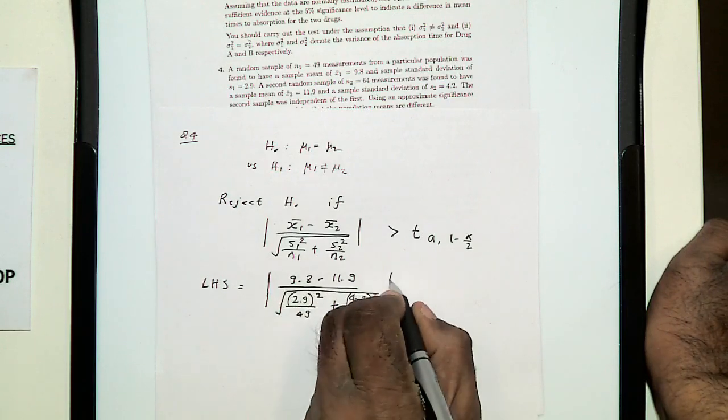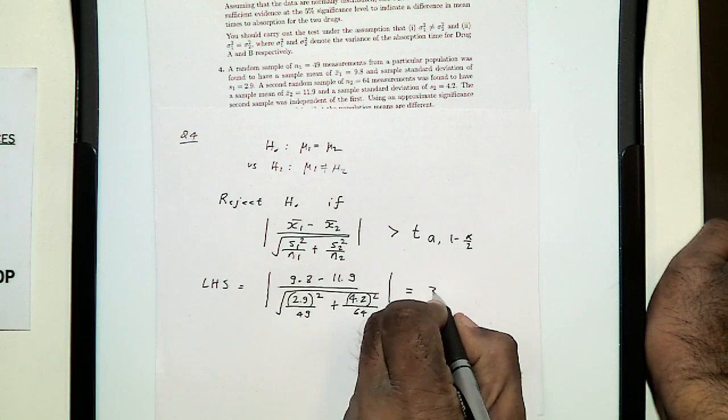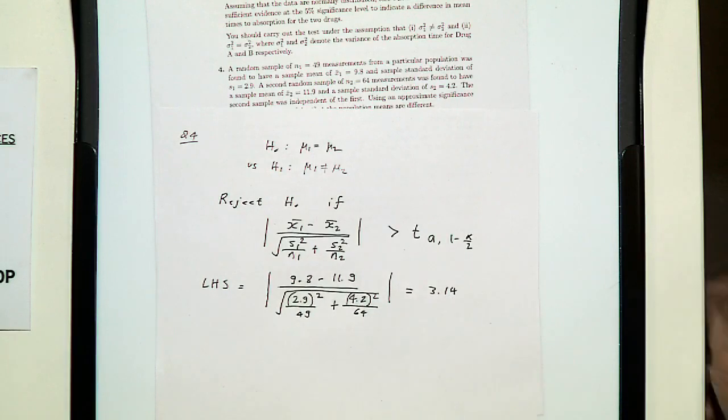Now if you work this out, this will be equal to 3.14. Correct me if I'm wrong, right? So that's the left hand side.